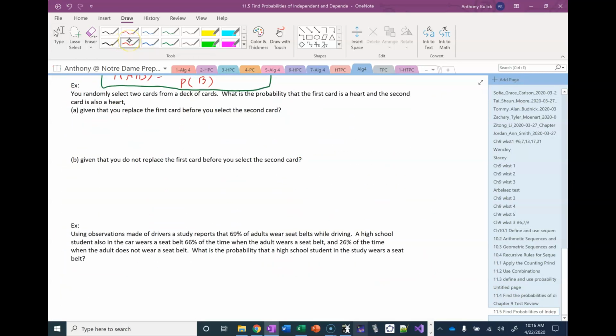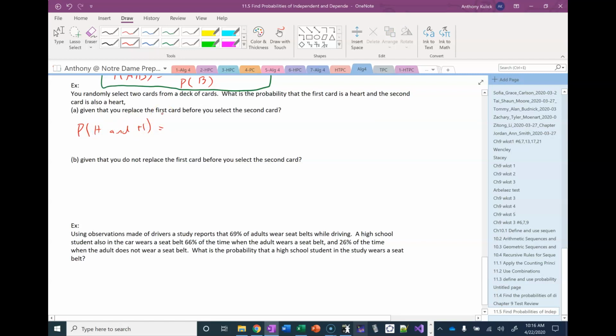Okay, let's look at another. Here it says you randomly select 2 cards from a deck of cards. What is the probability that the first card is a heart and the second card is also a heart, given that you replace the first card before you select the second card? So we're doing the probability of a heart and then another heart.